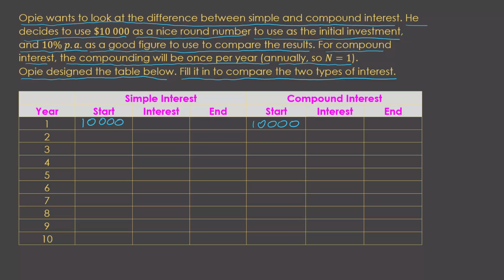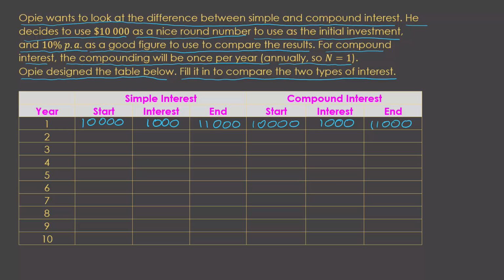Now 10% of 10,000 is 1,000. So at the end of the year, in both of these, we have 11,000. So simple interest and compound interest give the same result at the end of the first year.